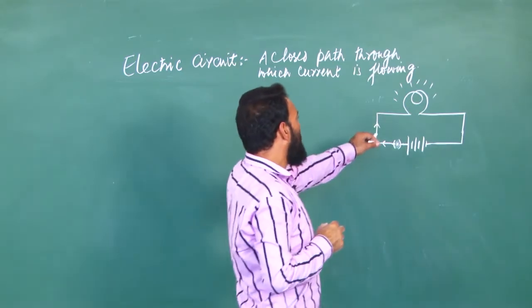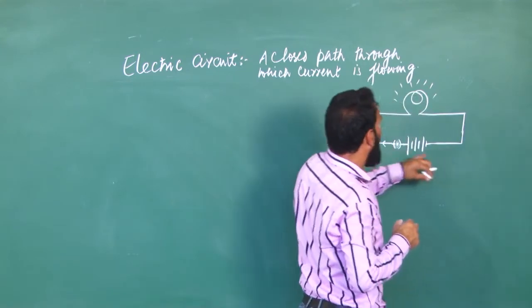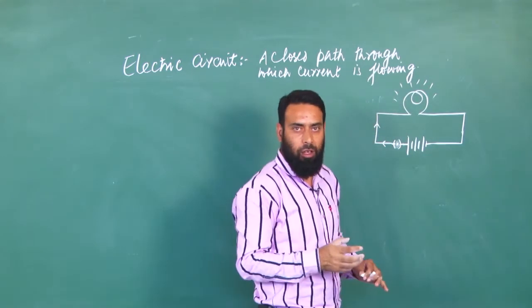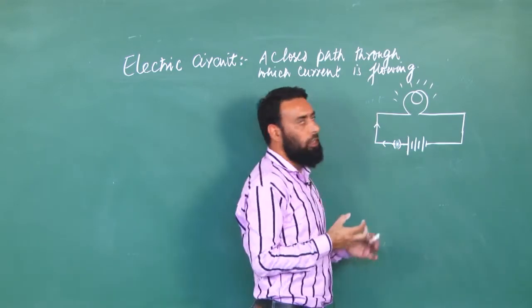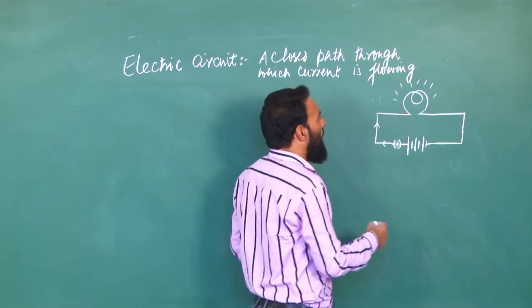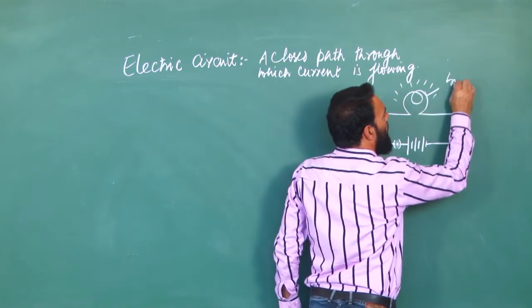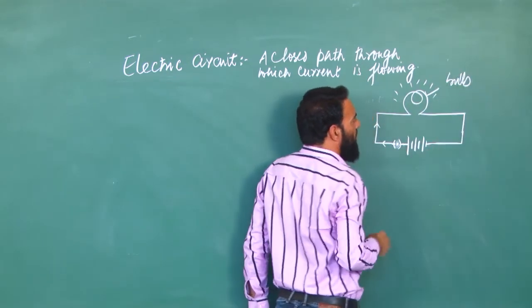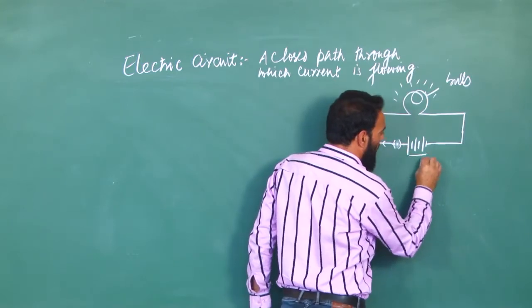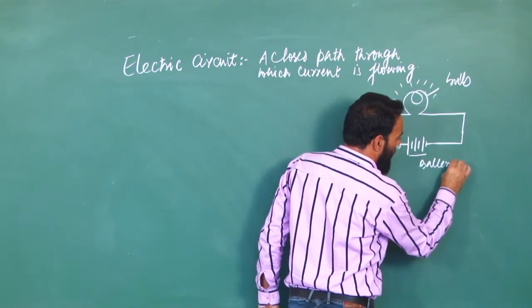Obviously, if we see this diagram, you will find there are various components which are joined together and they form a circuit. It contains a bulb, which is one component. Second, it contains a battery. This is the second component.